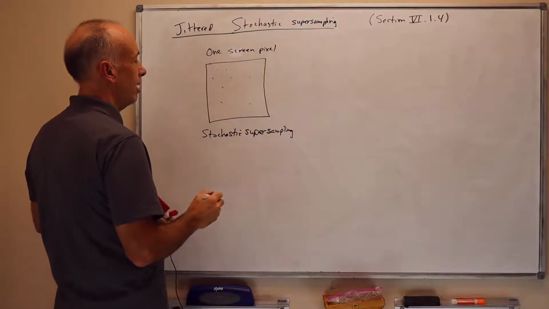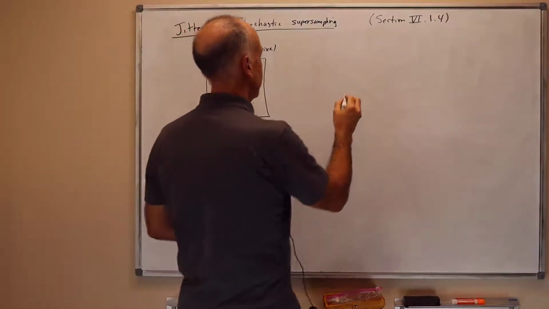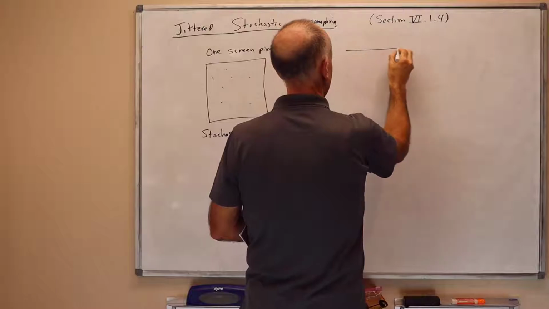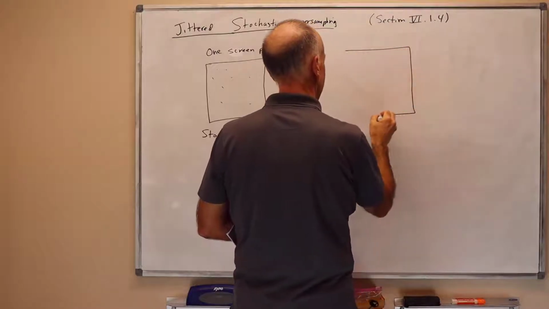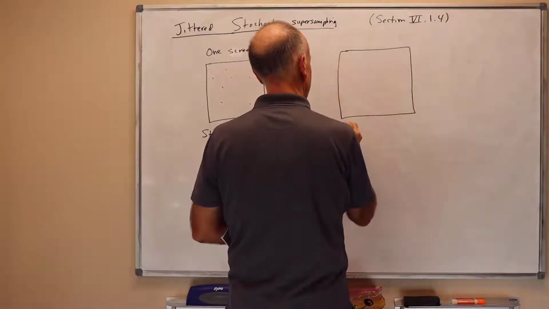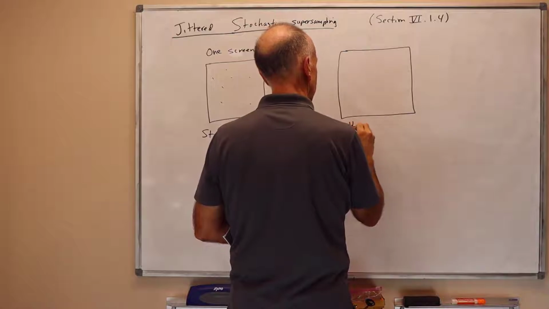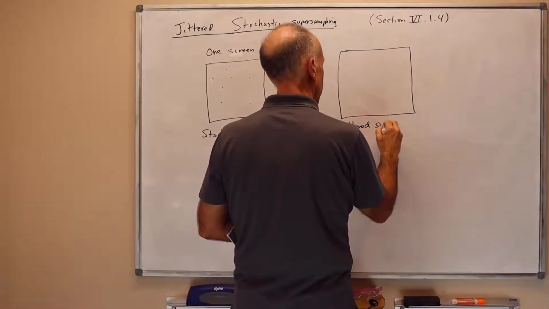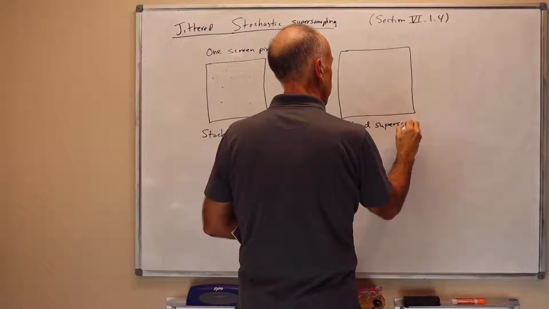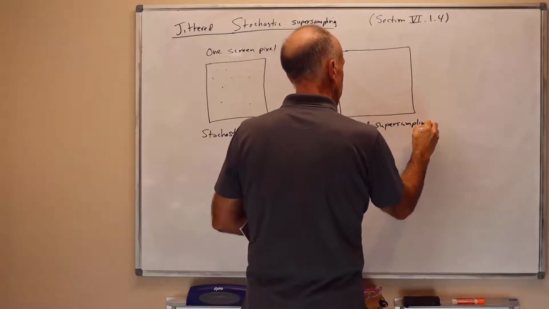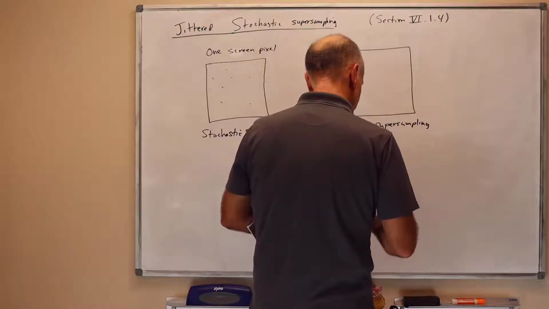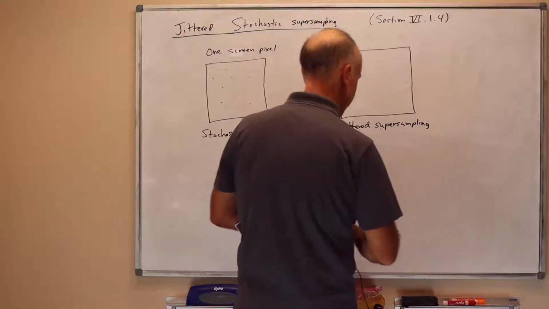So the other idea I want to combine this with is what's known as jittered supersampling. This is non-stochastic jittered supersampling. Jitter means to sort of push around something in the regular pattern.